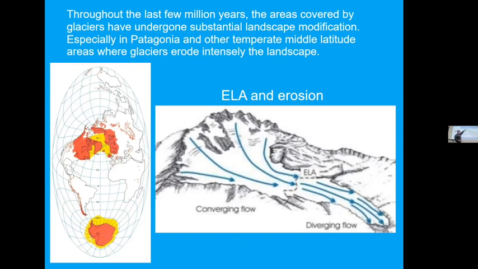Conversely, if the ELA is near the top, like a lot of areas right now, the whole area is in a net zone of ablation. Even if it snows in the winter, which of course it still does in the Alps, there's so much melting through the spring, fall, and summer that the net or average ELA over the year is going to be too high and the glacier is going to be shrinking.